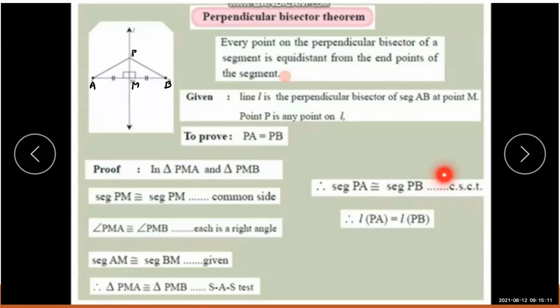That is the only difference. If there is a side, you write S, and if it is an angle, you replace it by A. Very simple. So you can also write the length of PA equals the length of PB. As the lengths are equal, it means P is equidistant from the end points of the segment. Yes, it's very easy to write the theorem.